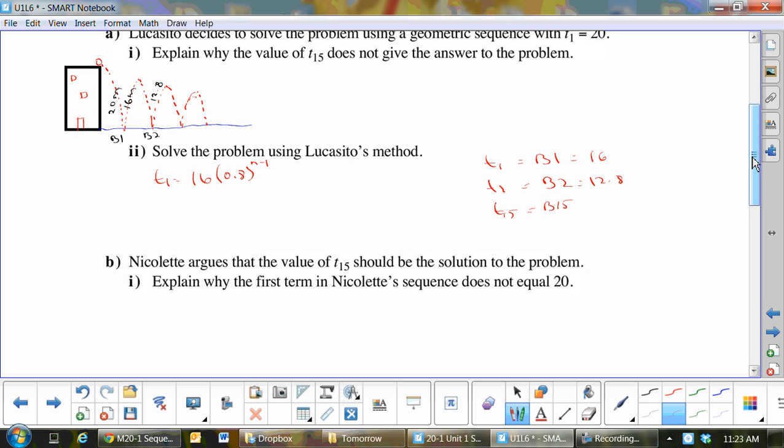Now later you're going to have to figure out the total distance the ball travelled throughout the entire thing, but that's not for a long time, it's 23 hours away. So let's do Tn equals 16 times 0.8 to the 15 minus 1.